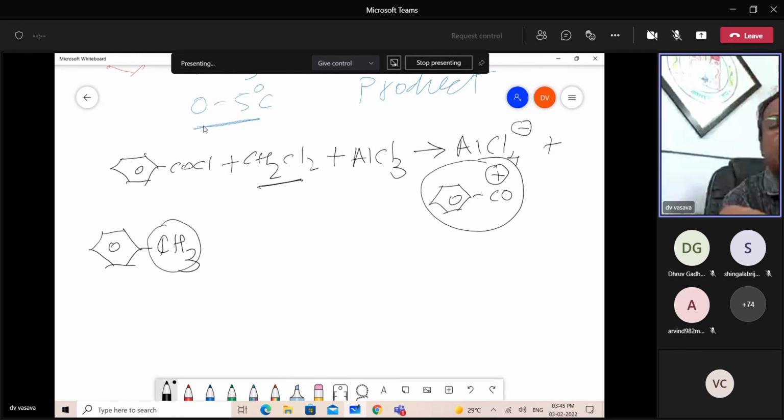Actually the coupling reaction is going to take place. So this, the toluene plus the benzoyl cation. Here I can show you in this form so that it is clear. This is the bond. Here it is. Okay, this is the bond.